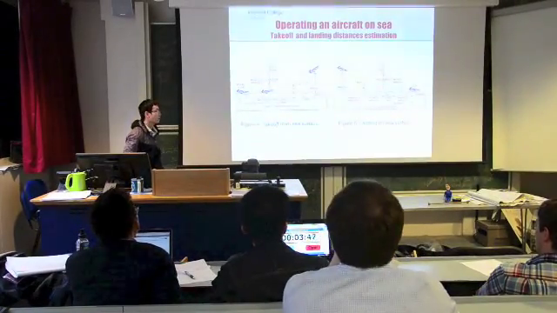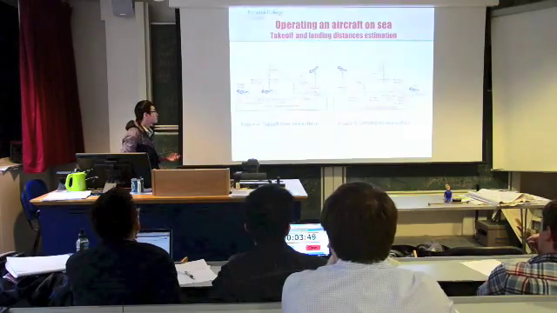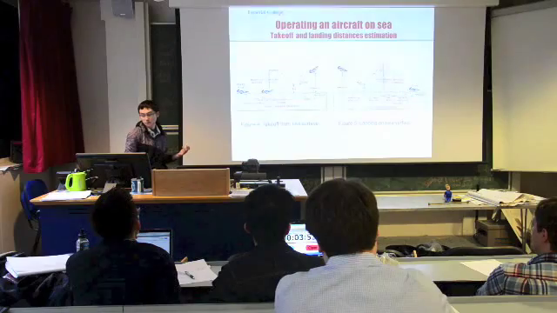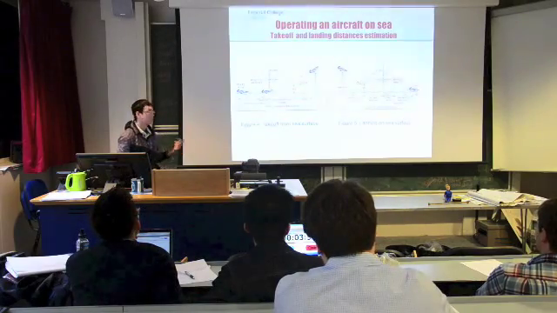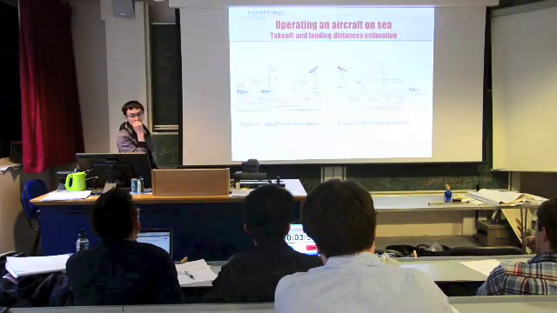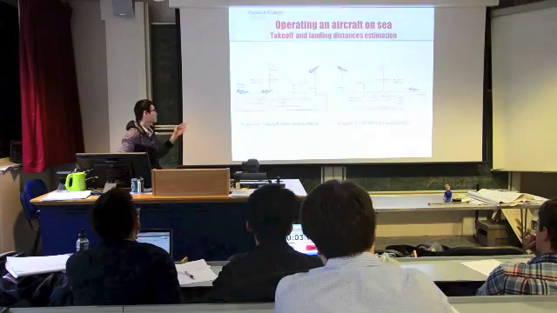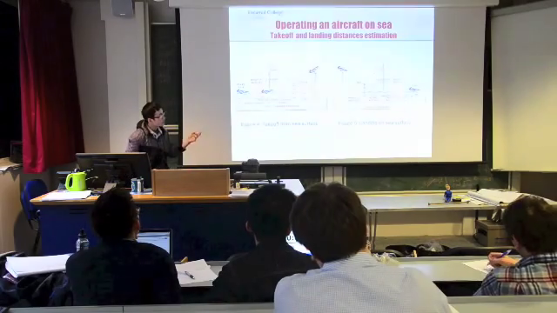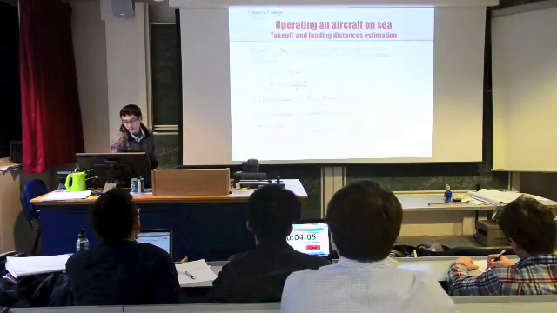It's similar to landing on ground. So I use the same formulas as on ground to calculate those distances. The only tricky part will be the starting distance for the takeoff and the braking distance for landing.